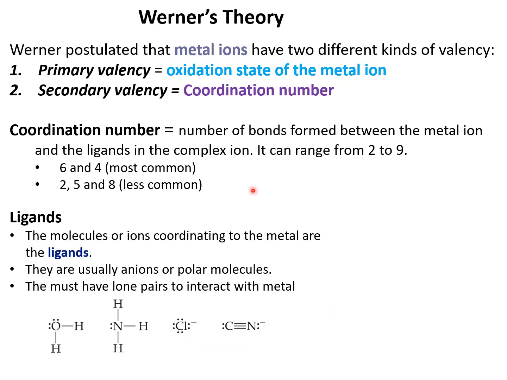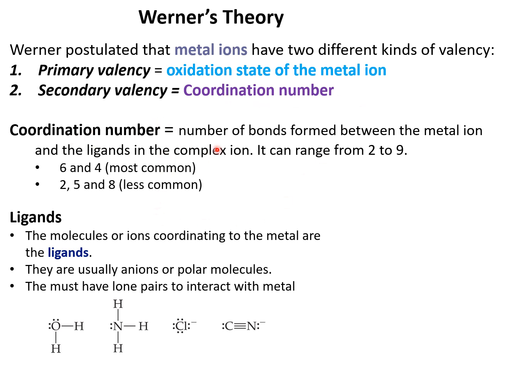According to Werner's theory, there are two types of valencies, namely primary valency and secondary valency. Primary valency corresponds to the oxidation state of the metal ion, whereas secondary valency corresponds to the coordination number. Primary valency is ionizable, whereas secondary valency is non-ionizable.